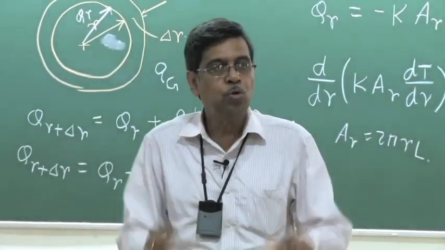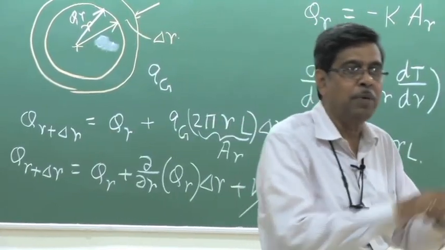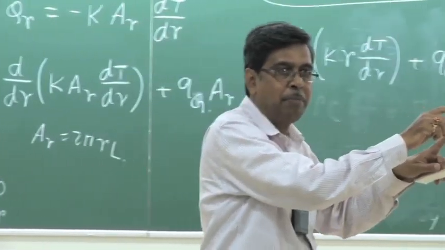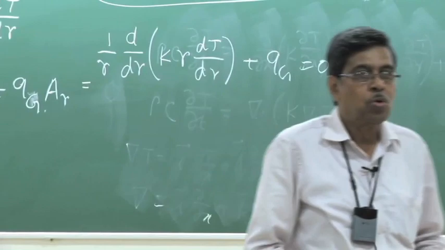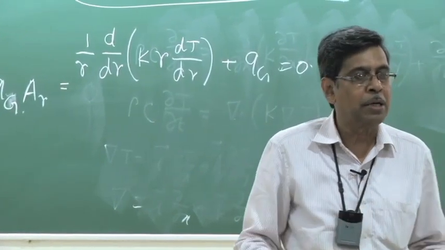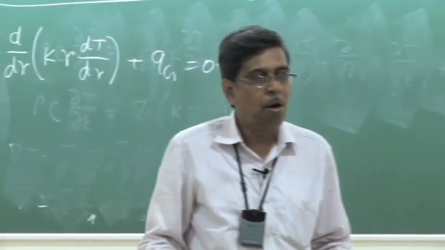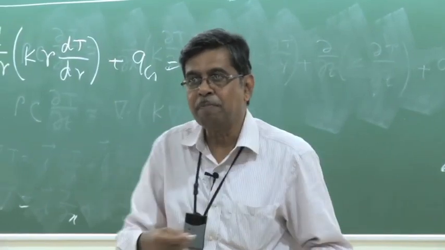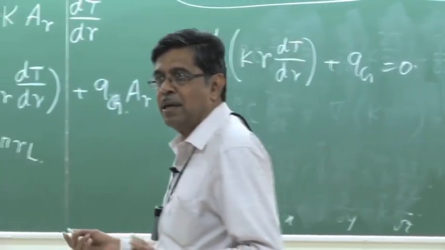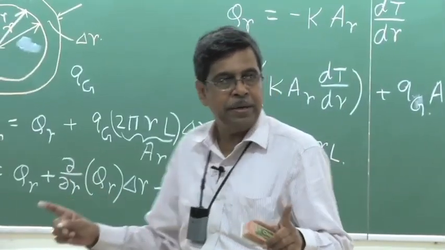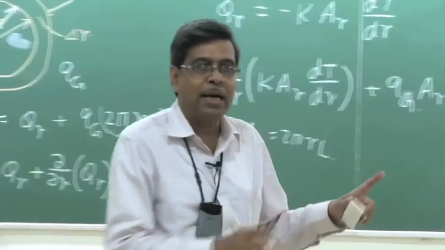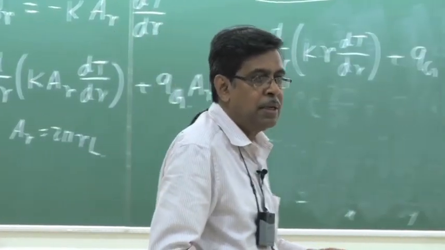What you did, you took an element or a control volume in the conducting medium whose surfaces are parallel to the coordinate planes, or edges parallel to the coordinate axis, which becomes a parallelepiped for a Cartesian coordinate system.